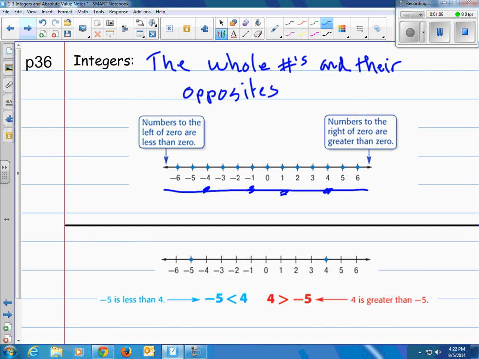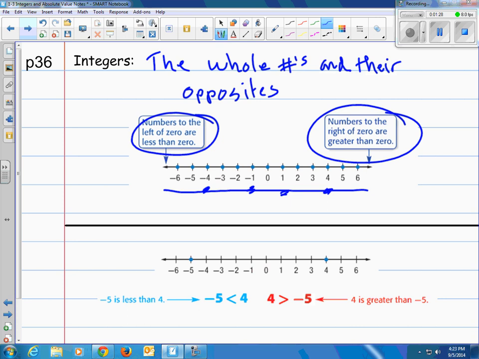Any number to the left of another number on the right is less. For instance, you can see here it says numbers to the left of 0 are less than 0, and numbers to the right of 0 are greater than 0. At the bottom here, they start to use our is less than sign and is greater than sign.